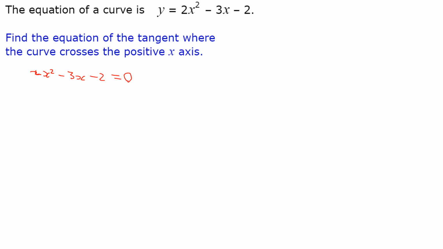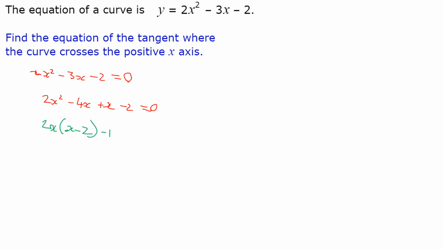What's a number that adds up to make minus 3 but multiplies to make minus 4? That's just going to be minus 4 and 1. So 2x squared minus 4x plus x minus 2 is equal to 0. Let's factorize each of them. So this will be 2x times x minus 2.